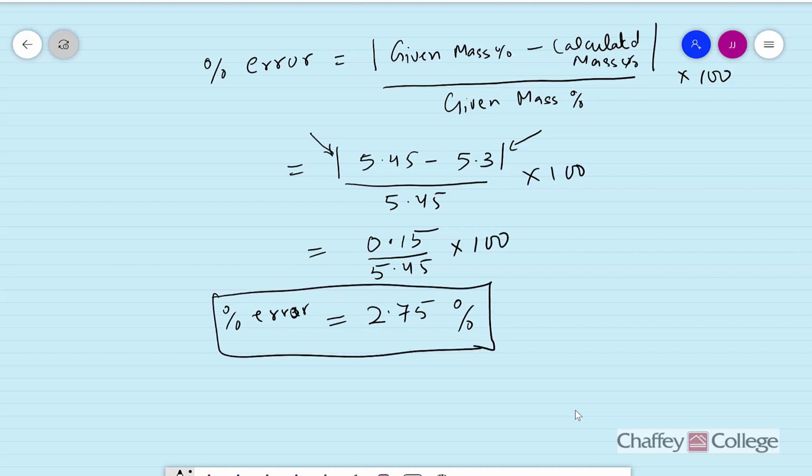Please use your own value of calculated mass percent to calculate your own percent error value. And this will be the end of the lab report.